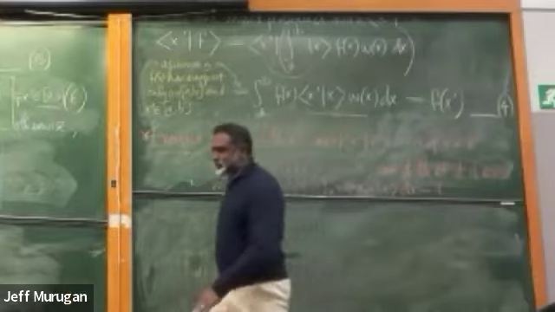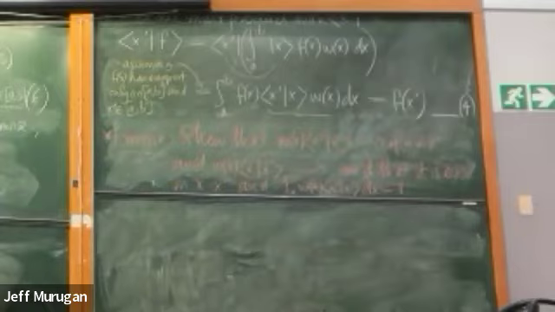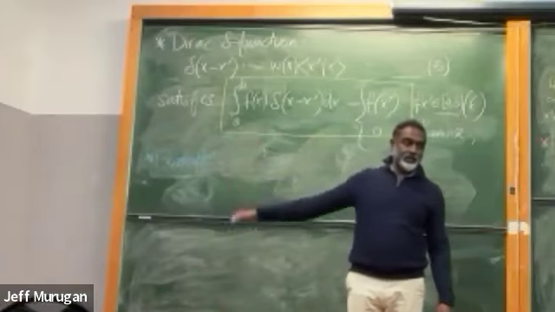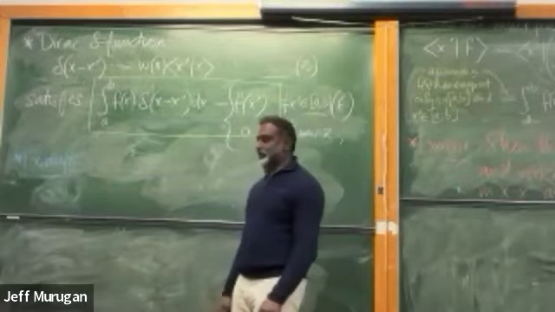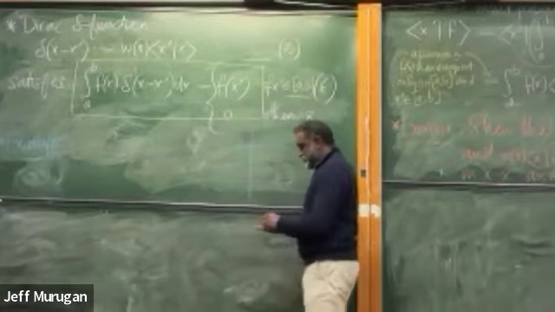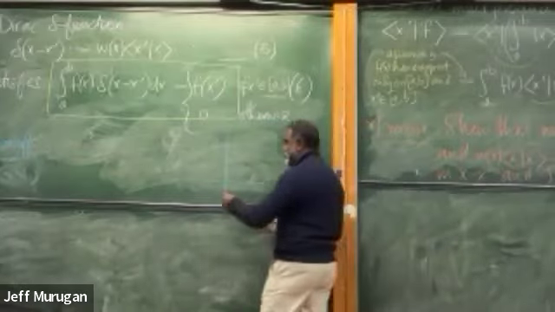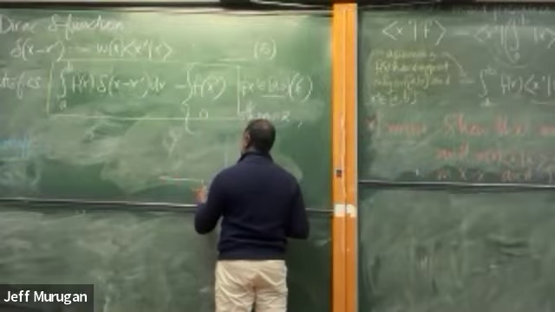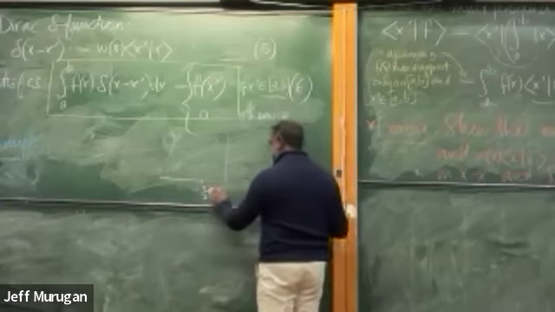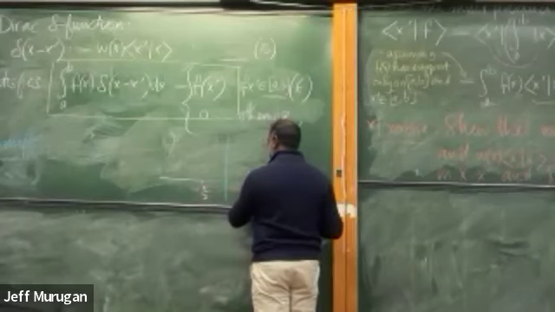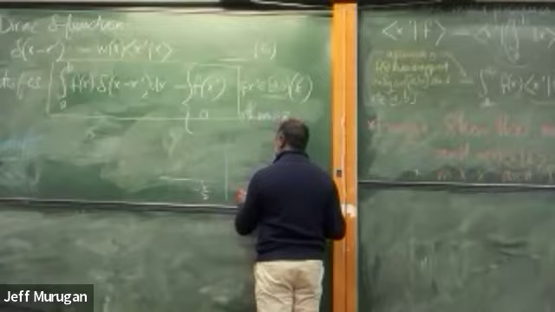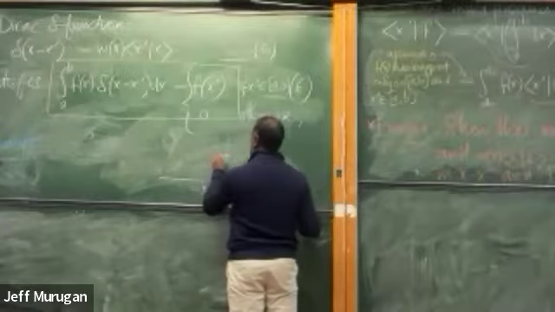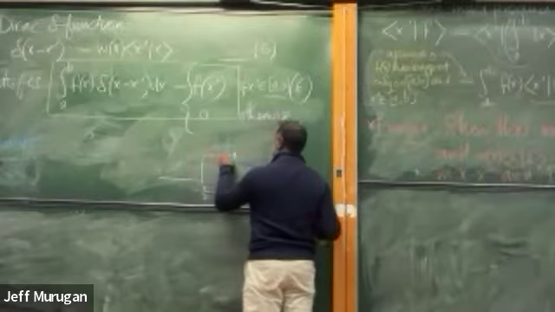Just for illustration purposes, I'm going to assume that a is minus infinity and b is infinity, so we're going to take the entire real line. Imagine I have a function that is 0 everywhere, except on the interval between minus a half and a half, where it's 1.